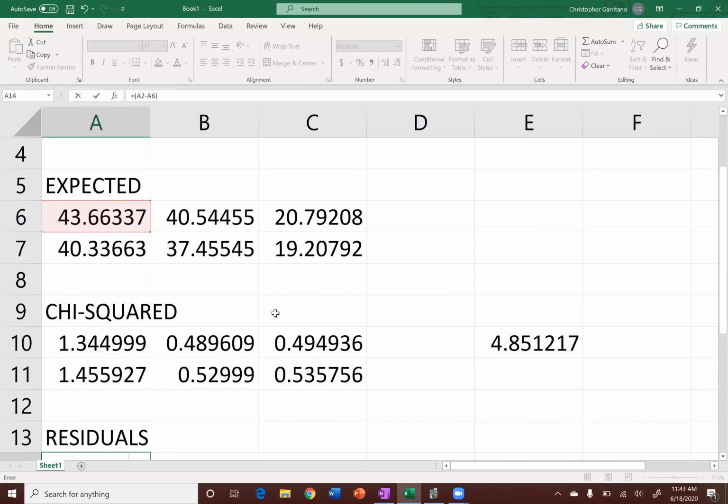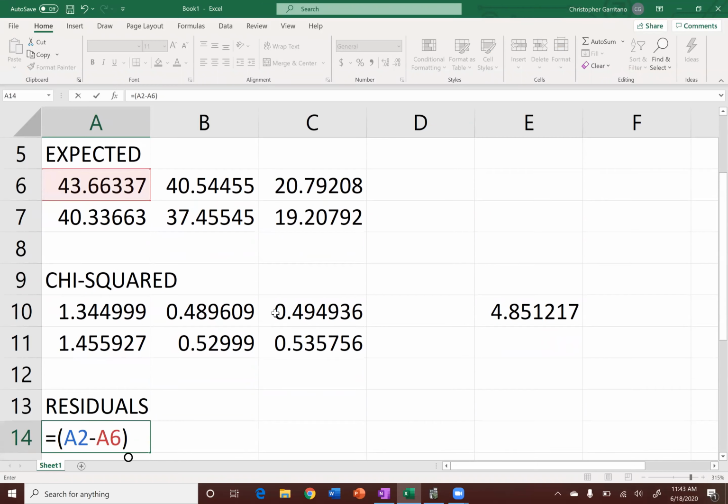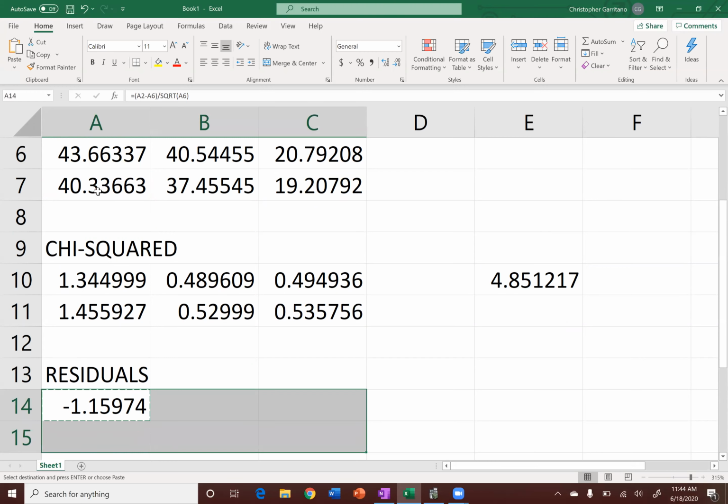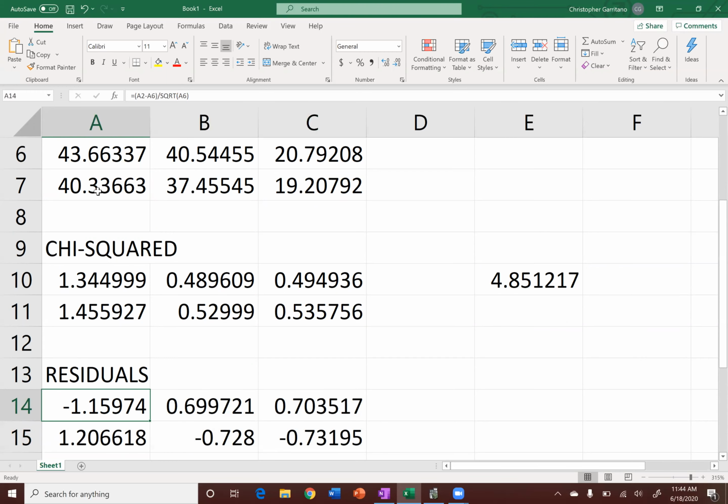It allows residuals to be negative. That information tells us on which side our estimation was. And then of course we divide by not the expected, but by the square root of expected. And we do that for each value. And there we have our residuals.